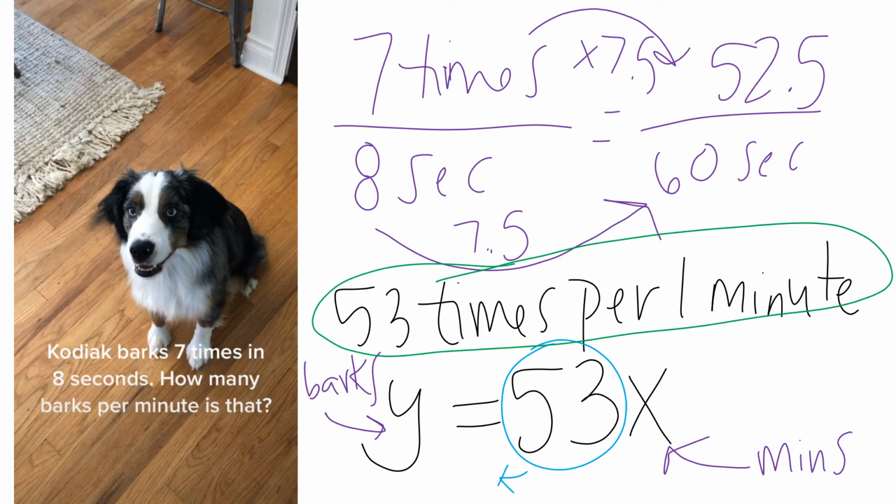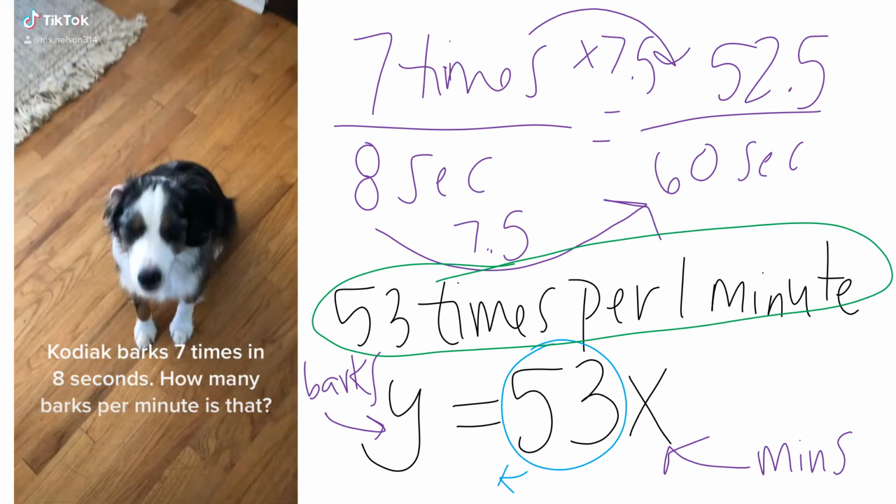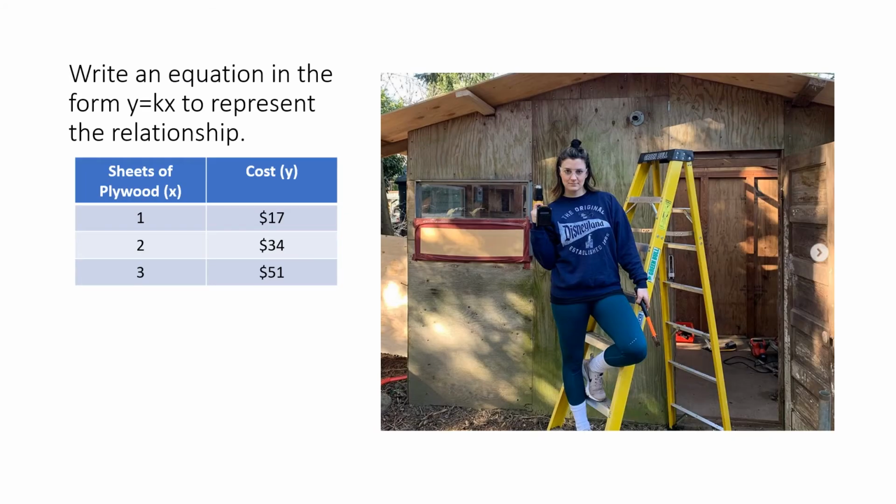So y equals 53x is our equation. 53 is the constant of proportionality because that's how many barks per 1 minute. So yeah, let's look at another example.